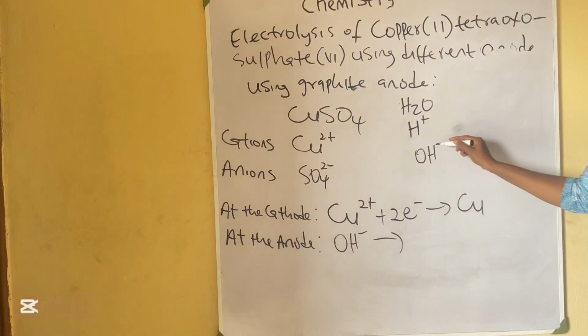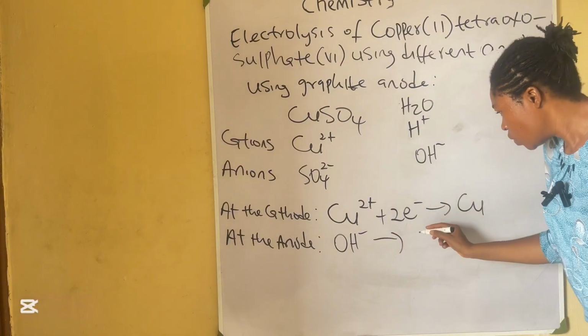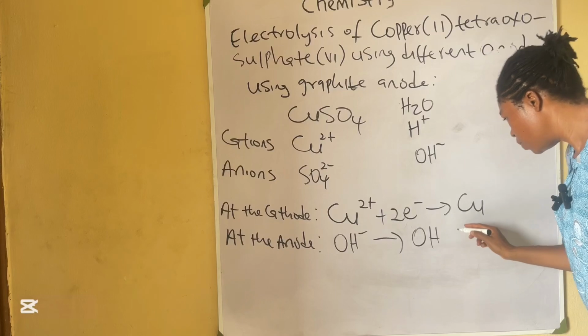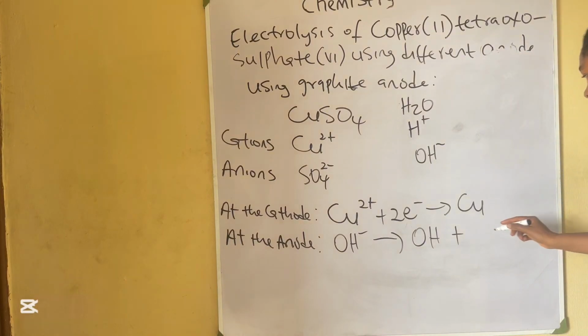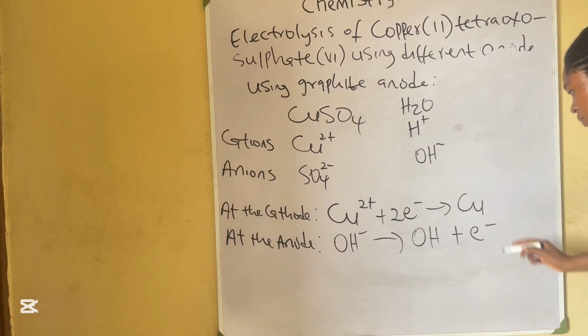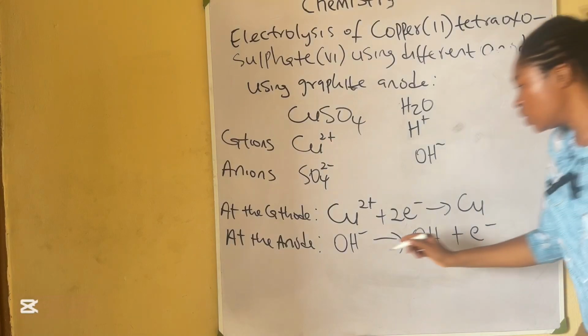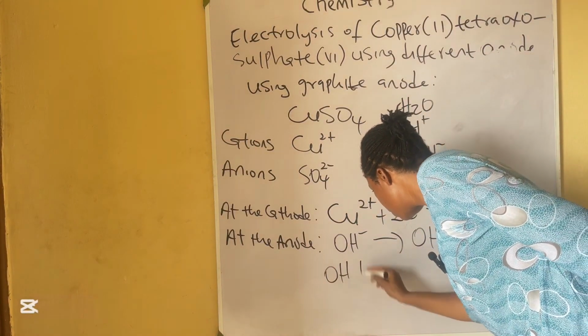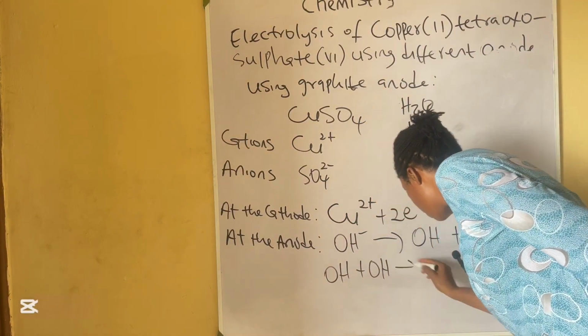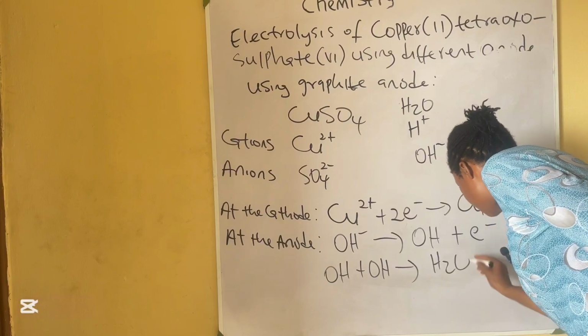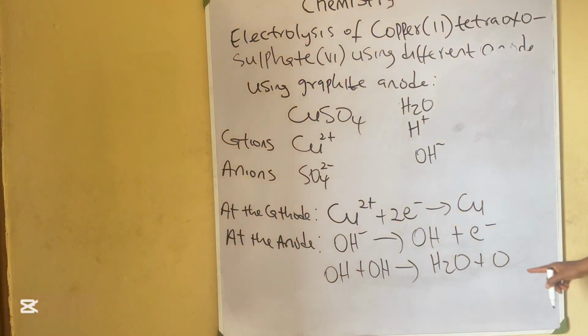So hydroxide ion will give hydroxide group plus this electron. So the 2 OH groups combine to give water and atomic oxygen.